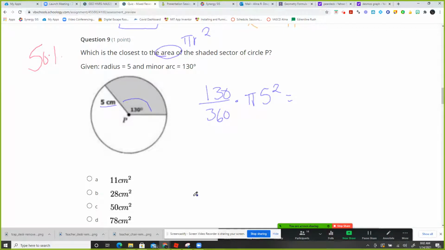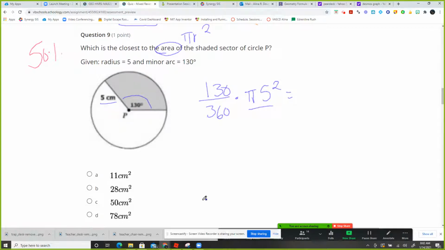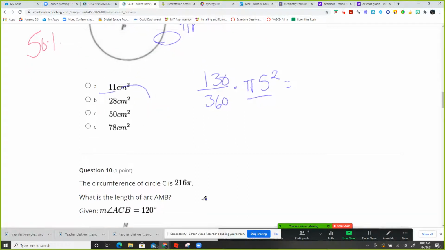The problem sometimes arises by using circumference here instead of area. You want to make sure you read the question carefully. Do we need to spend any more time on that one? I can't teach alone. I need you to give me feedback.